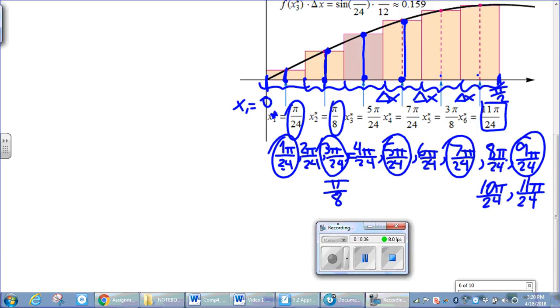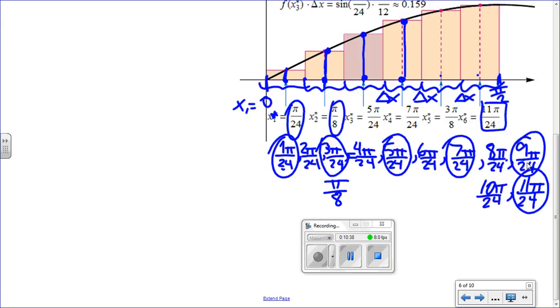That will be our last midpoint, guys. Our last point is pi over 2, which is equivalent to 12 pi over 24. So the last midpoint is 1 pi over 24 before it gets to pi over 2. I keep saying 4, but I mean 24. Okay, that will be our last midpoint.